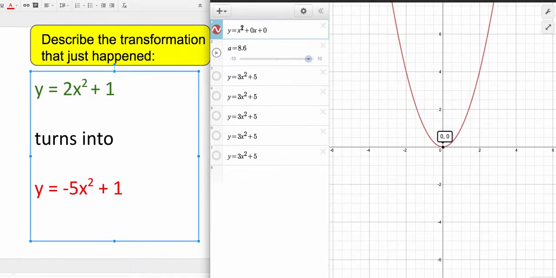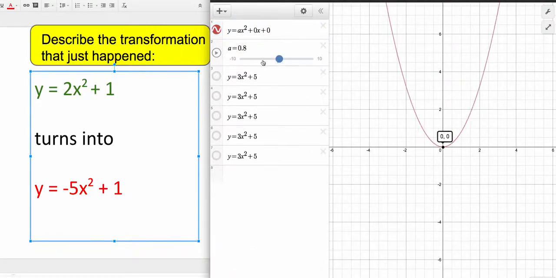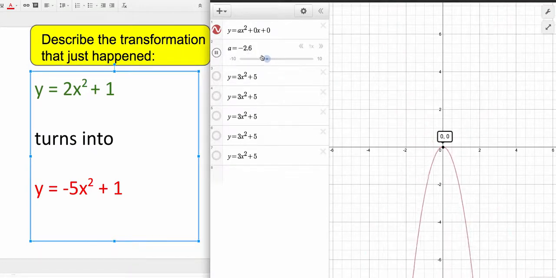I need to put an A in front of it. So it starts at 1. If it's a negative value, like negative 7 or something, that probably is going to open down. And if it's a positive value, it's going to open up. And the bigger the absolute value is, the more narrow it is. So you can see as it gets to be a bigger number there.